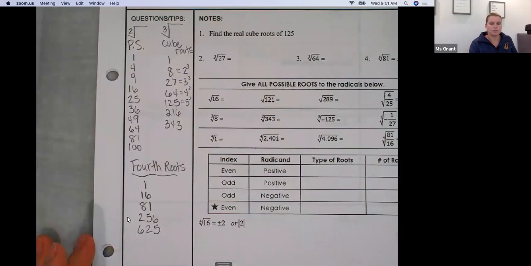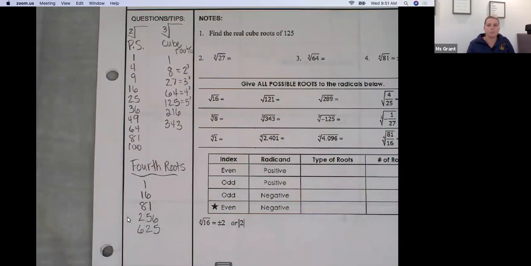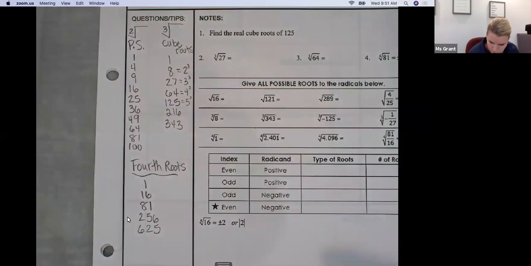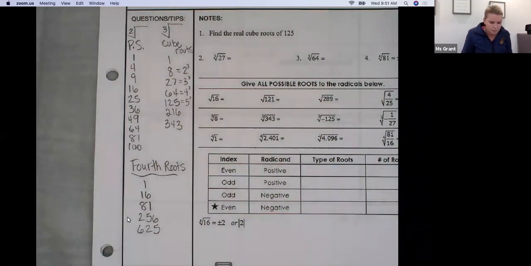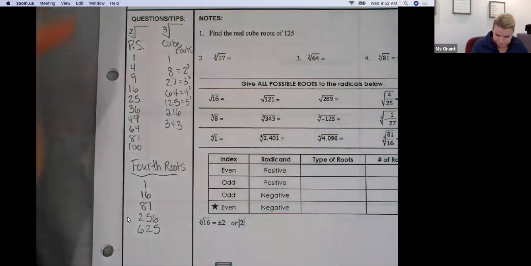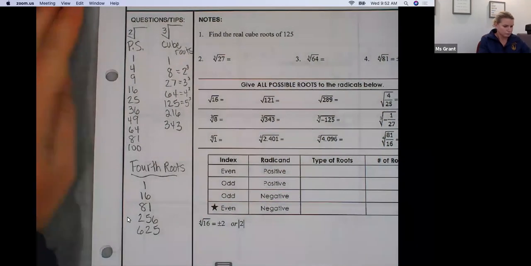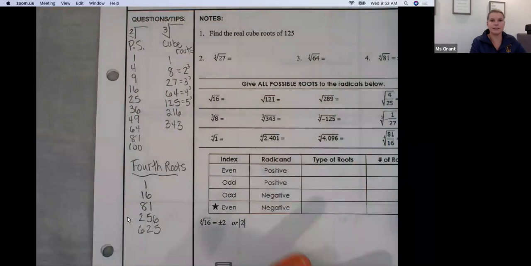Let's go to notes. Find the real cube roots of 125. Okay, well, what are the 125? What would you say? Volunteer.